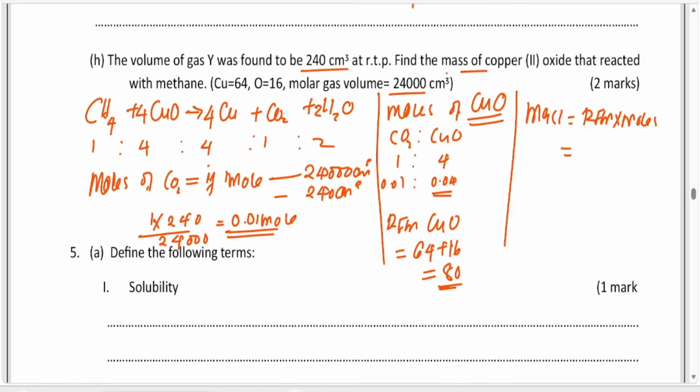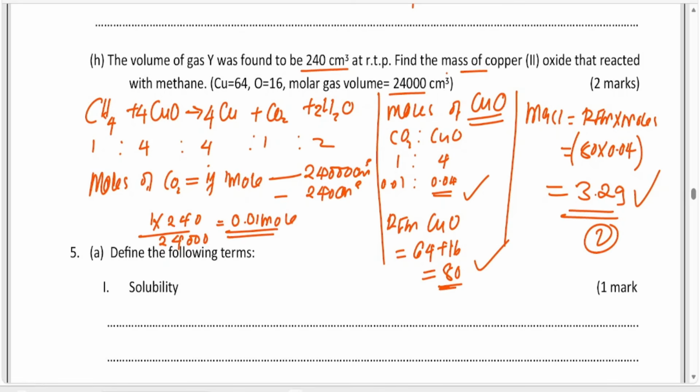So here I'm going to have 80 multiplied by 0.04 moles. And the mass of copper 2 oxide was 3.2 grams. That is the correct answer to this particular question.